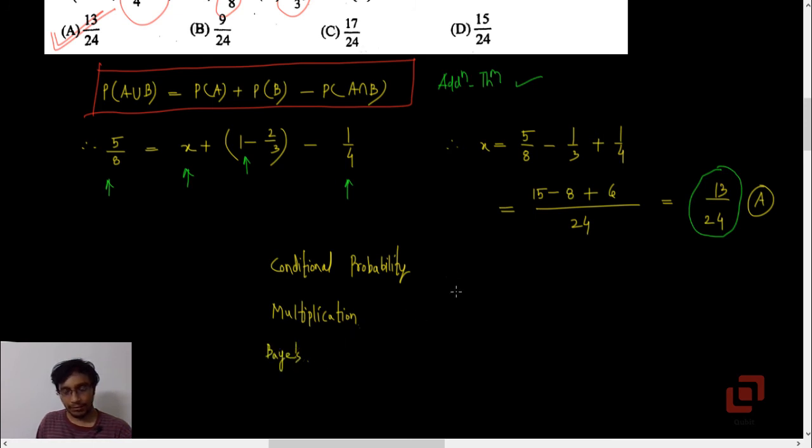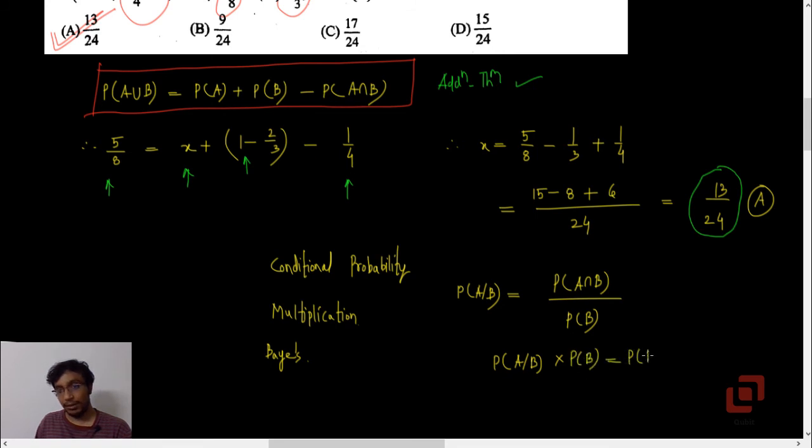So what does conditional probability tell us? Probability of A given B is probability of A intersection B upon probability of B. And then you can also write probability of A intersection B as the product of A given B into B, or B given A into A.